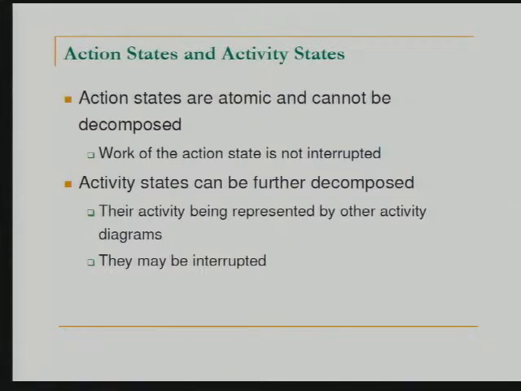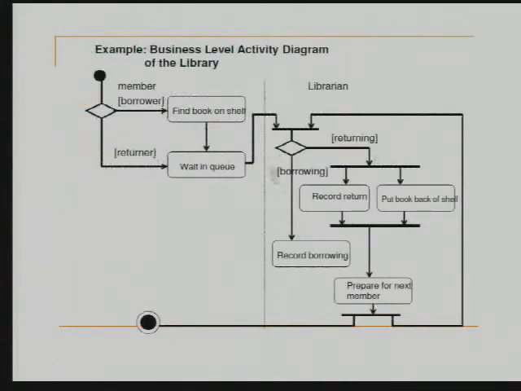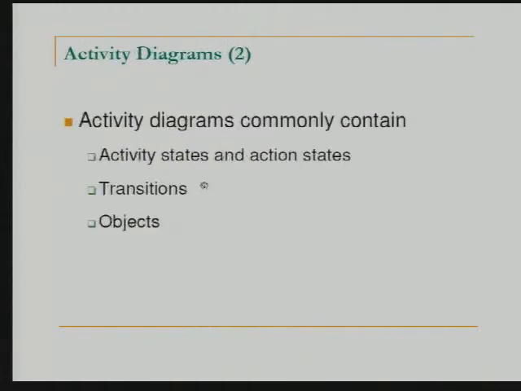The activities can be decomposed. They can be represented by other more detailed activity diagrams. And at that level of detail, they can be interrupted. If this actually is a number of activities itself, you can interrupt after each one of those activities.